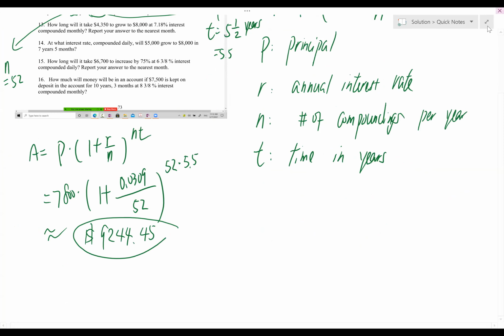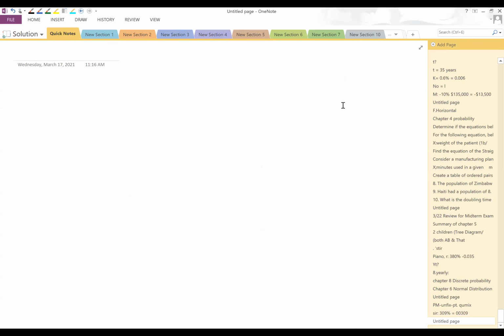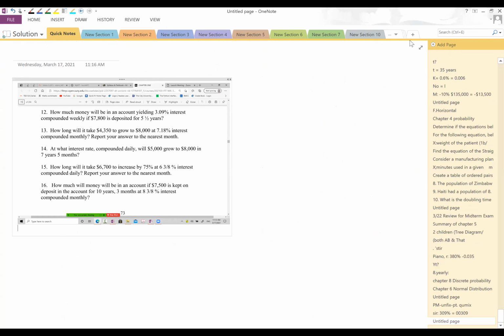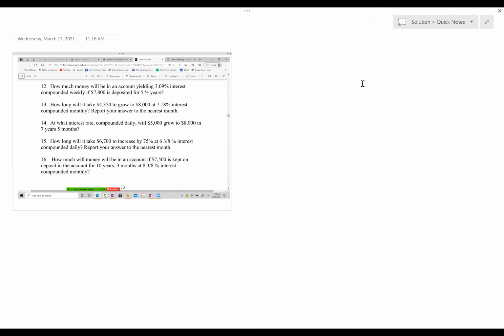All right, now let's take a look at question 14. Read the question really quickly. At what interest rate compounded daily will $5,000 grow to $8,000 in 7 years and 5 months? Here we're looking for the interest rate, meaning R is unknown. We know the compounding periods because it's compounded daily, so N equals 365.